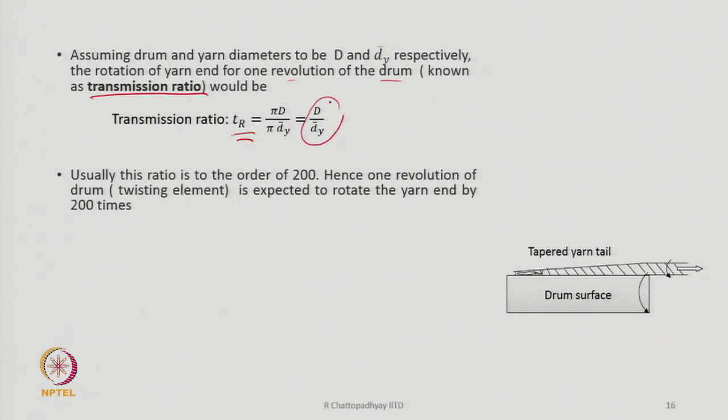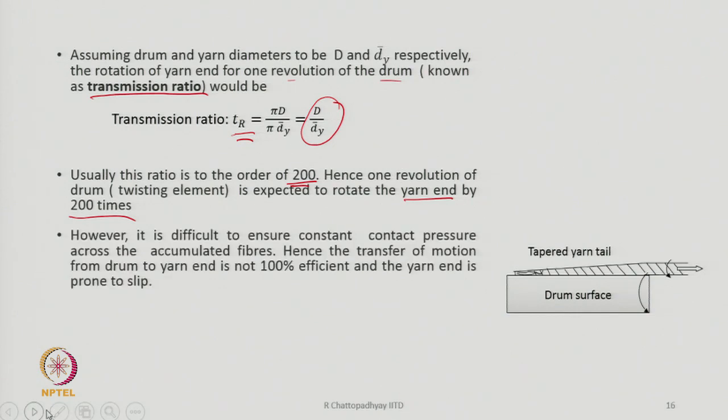So, this D by dy, with dy the average diameter, is known as the transmission ratio. Usually this ratio is of the order of 200, hence one revolution of the drum is expected to rotate the yarn end by 200 times. So, you get a transmission ratio of 200.